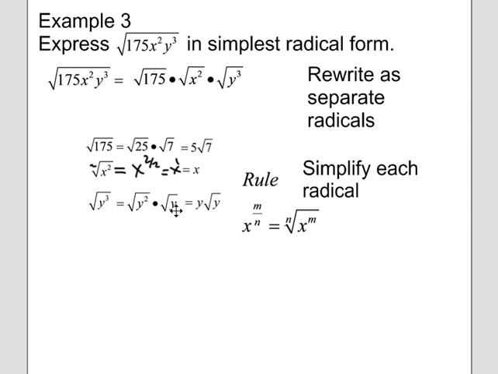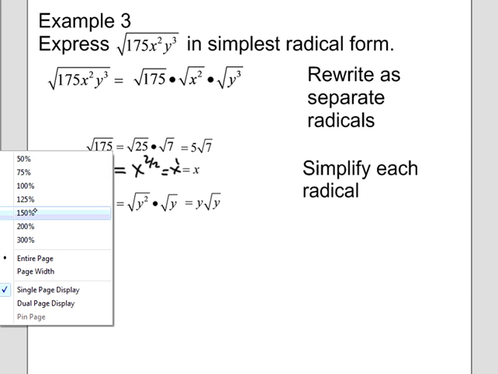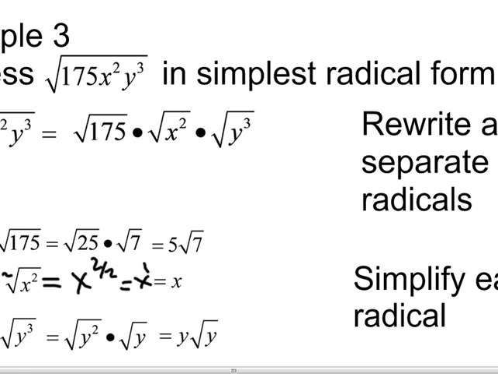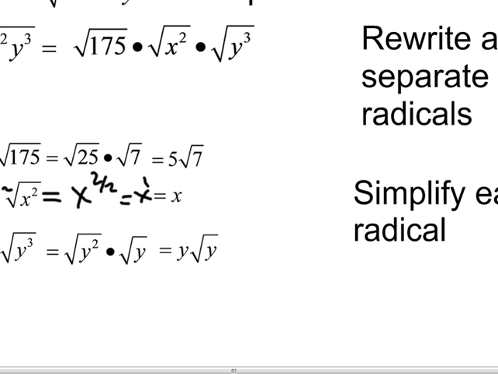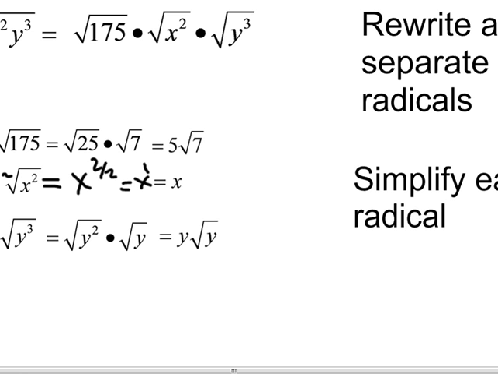So you get y radical y. Let me get that out the way. Let me see if I could zoom into this a little bit, just so that you could see it better. Okay, let's continue.